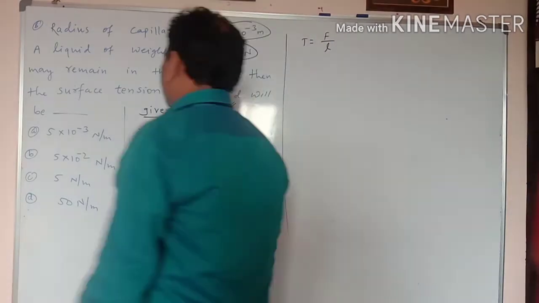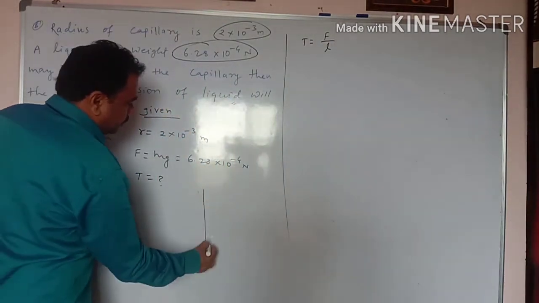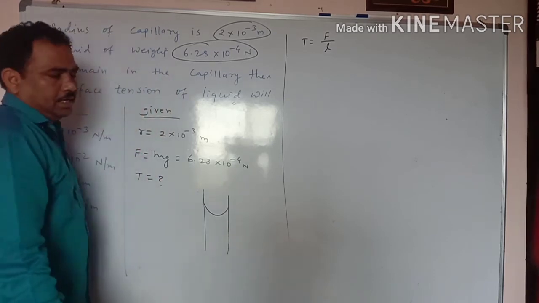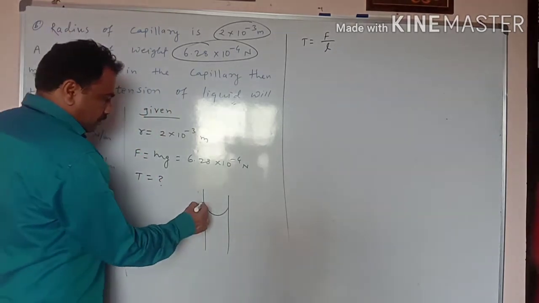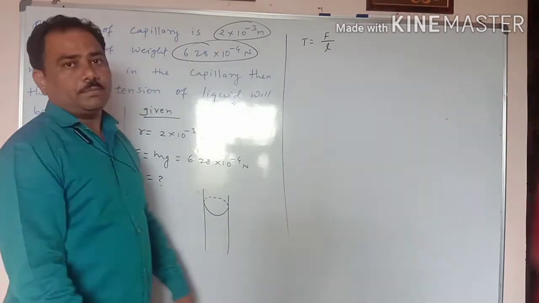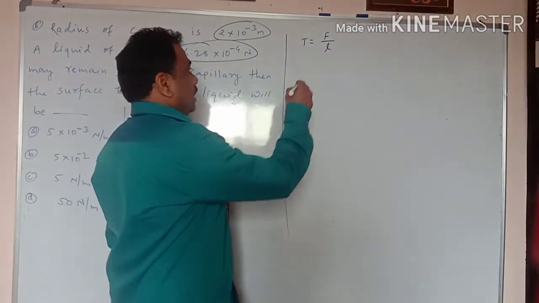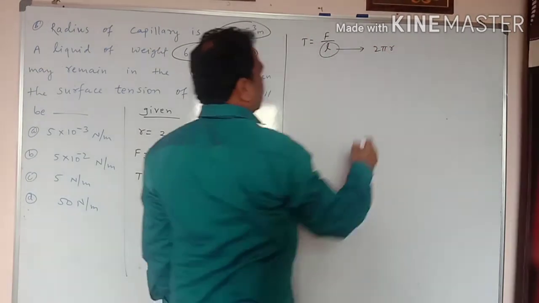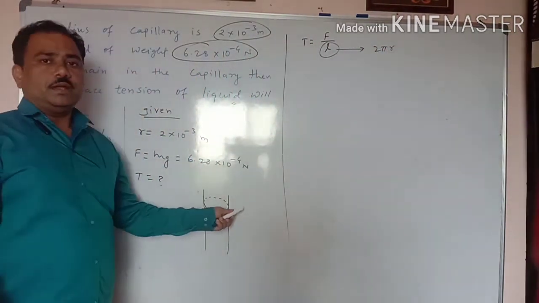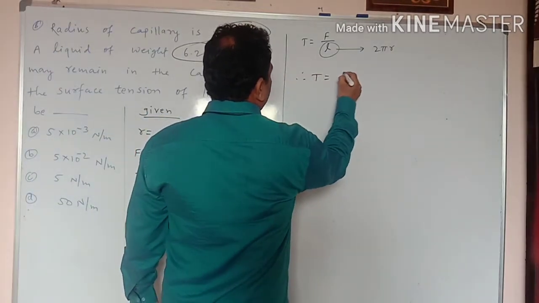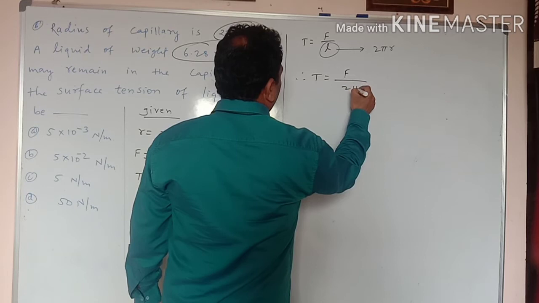Whatever will be the meniscus of that liquid, it is concave, and concave meniscus means it has a circular path. So instead of L, we are using 2 pi r, because it is the length of the circular path due to the concave surface. Therefore surface tension is equal to force upon 2 pi r.